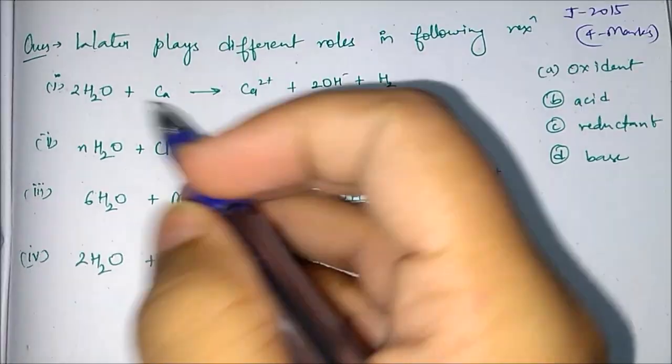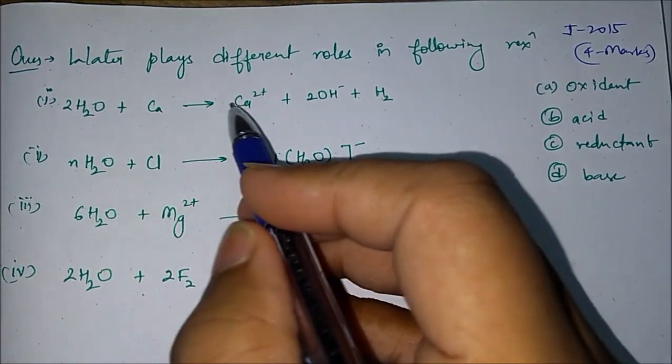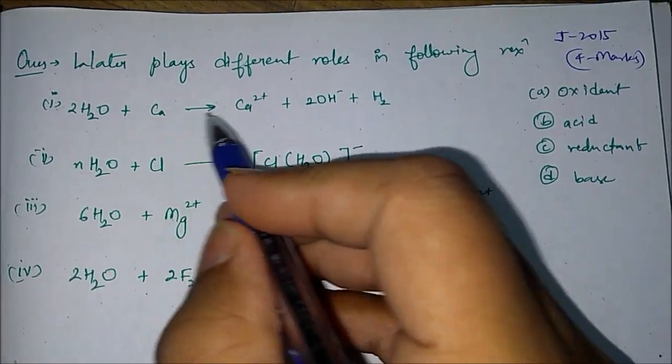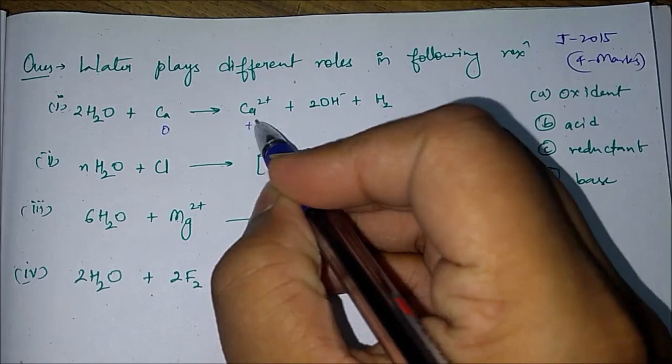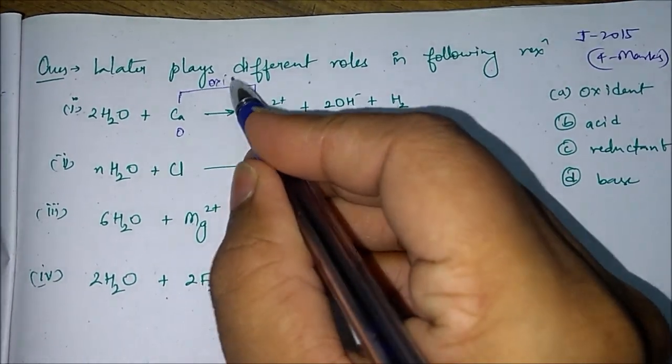So how to approach this type of question? See, in the first option you can see that calcium is changing into Ca2 plus. That means the oxidation state is 0 over here, whereas here the oxidation state is +2. That means oxidation is taking place for calcium.